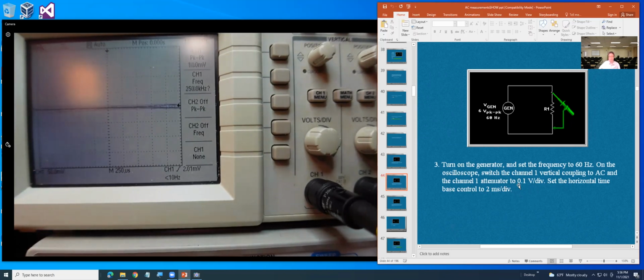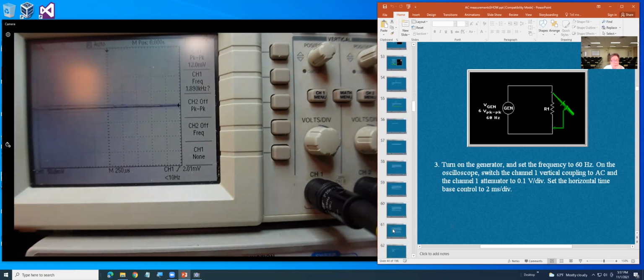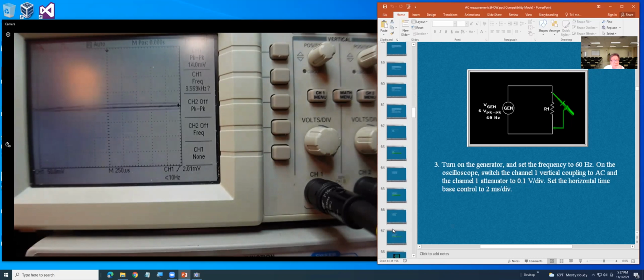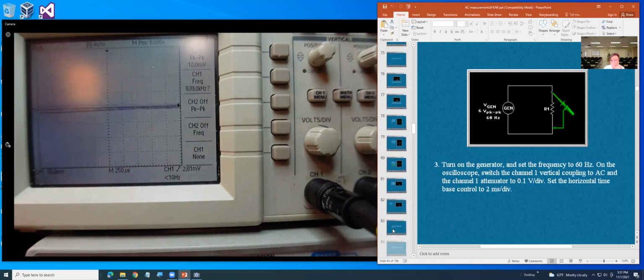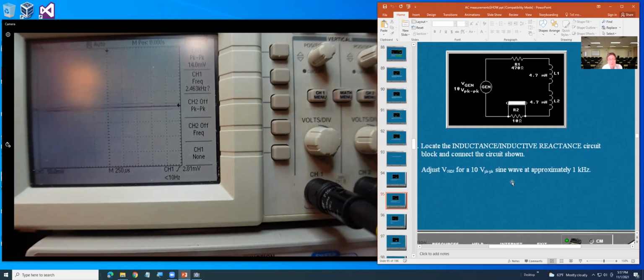And I will be showing you everything. Now, they said locate the inductive reactance circuit.